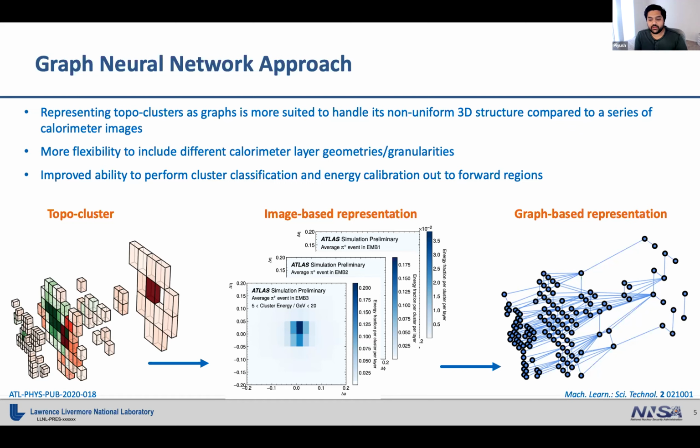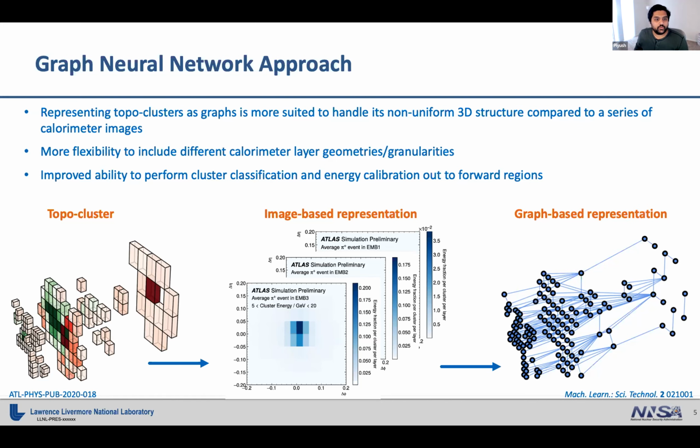They're coming from anywhere in the calorimeter geometry, and then we can get improved performance of classification and energy calibration in different regions of the calorimeter, the barrel regions and the end caps and the forward region. So that's why we moved on from using images to graphs.